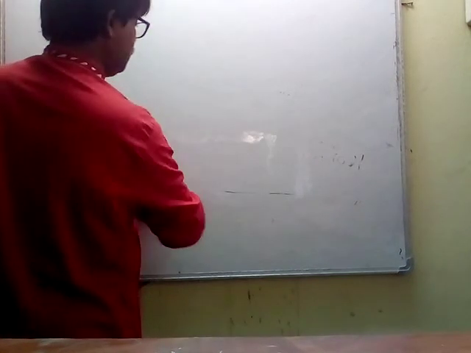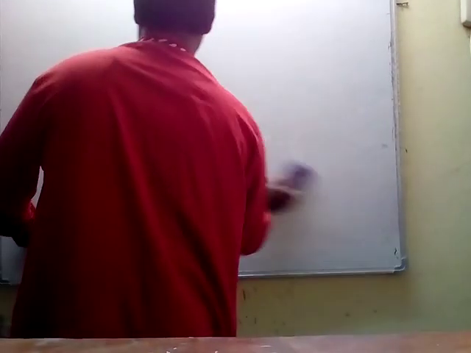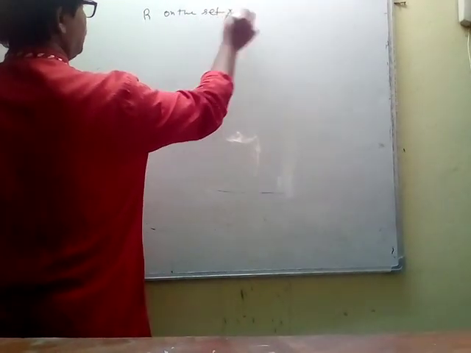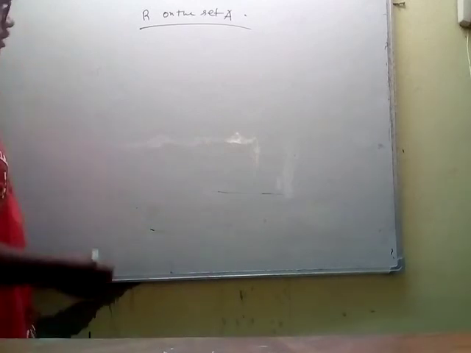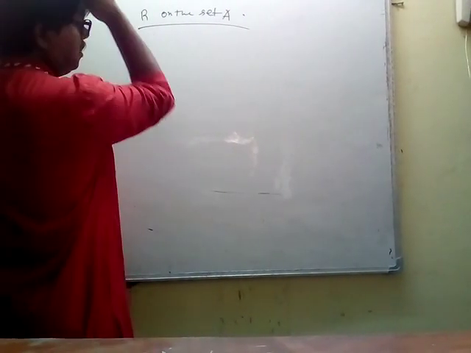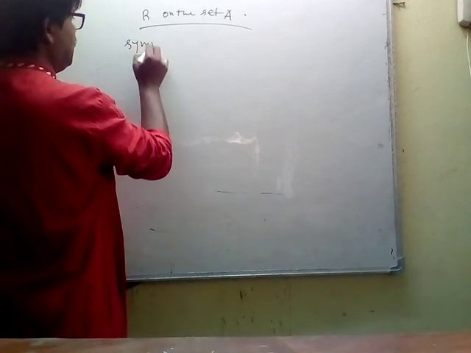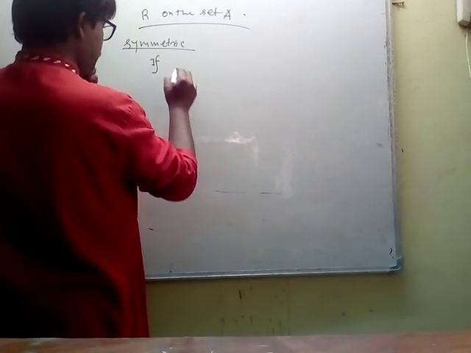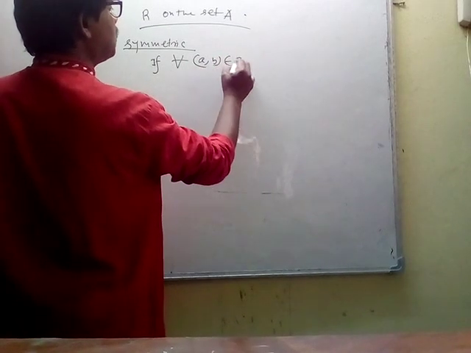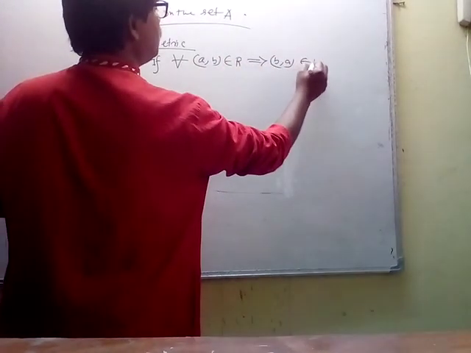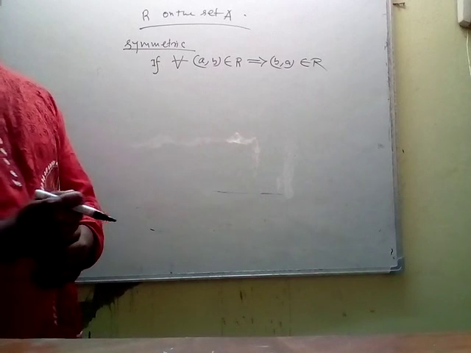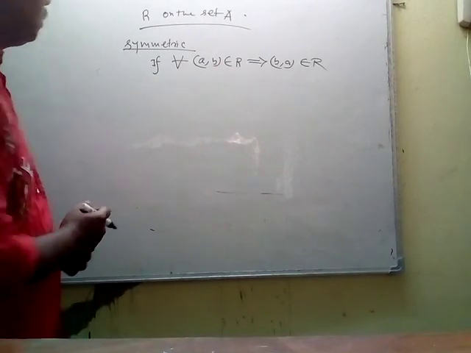Now symmetric relations. R is a relation on the set A, not A to B, on the set A. R is said to be symmetric if for all (a, b) belongs to R, it implies (b, a) also belongs to R. This is symmetric.